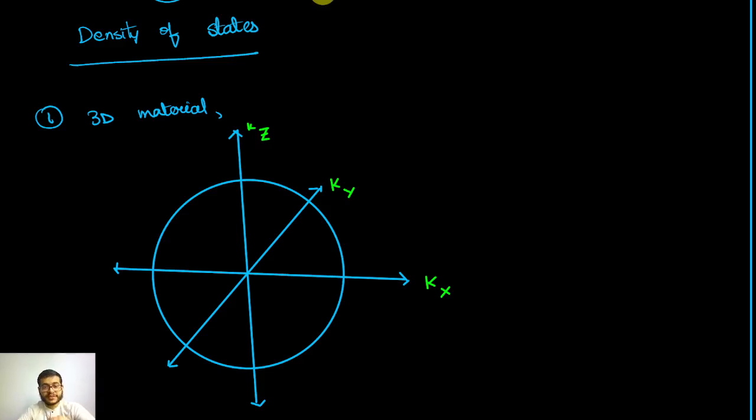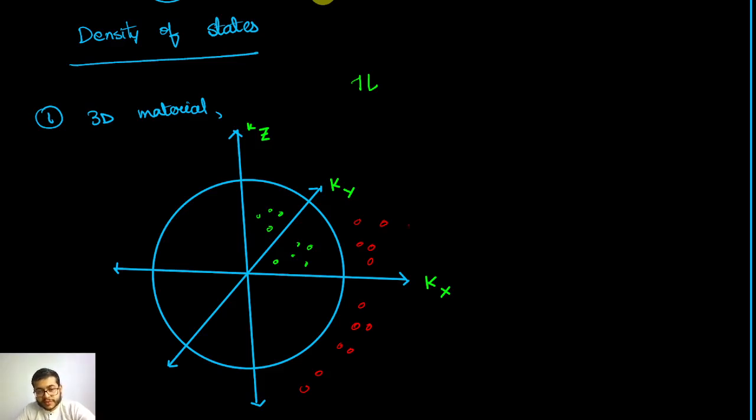So every state inside this is filled up with two electrons, one with up spin and one with down spin, and the outside of it is not filled. These are vacant states. The green ones are the filled states and the red ones are the vacant states.